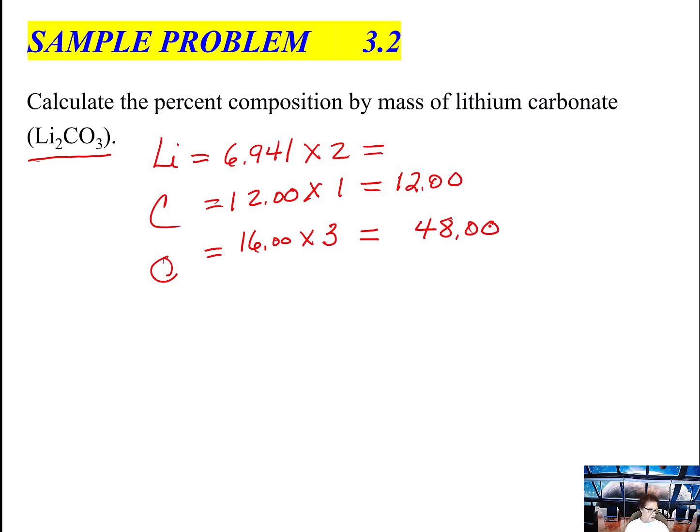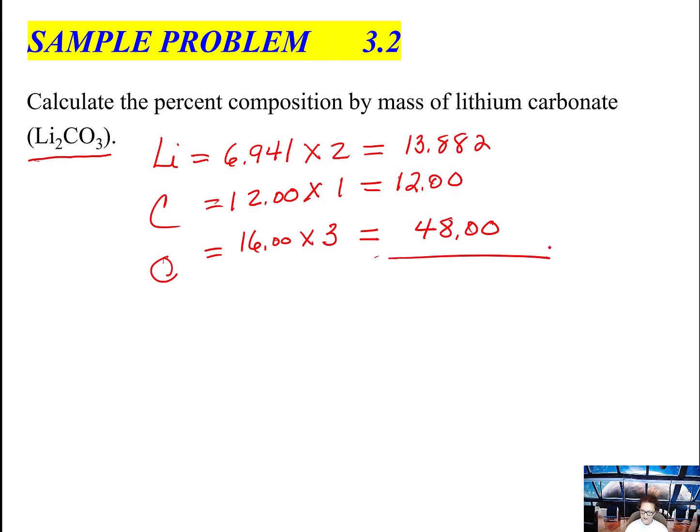It's kind of scary when I do things in my head, by the way, and there's no way I'm doing 6.941 times 2, so it gives me 13.882.